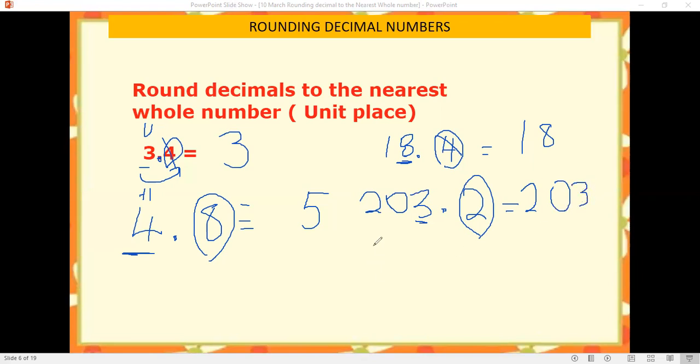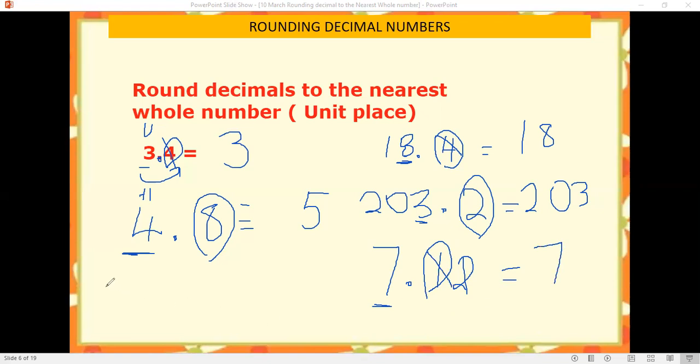Now, how about if we have 7.12? As I said, only check the digit closest to the unit, which is 1. The extra here, we don't need. So 1 is 4 or less, therefore just ignore, and we have only 7.